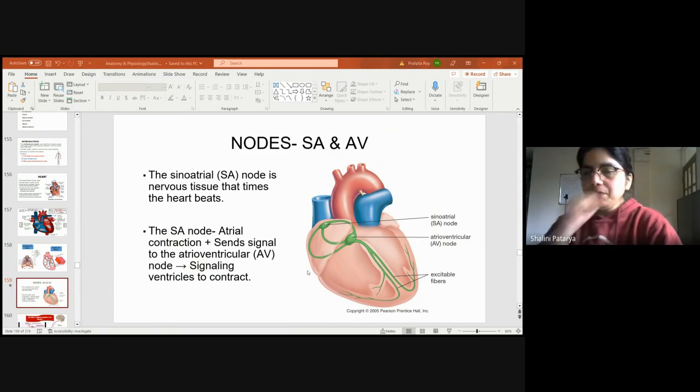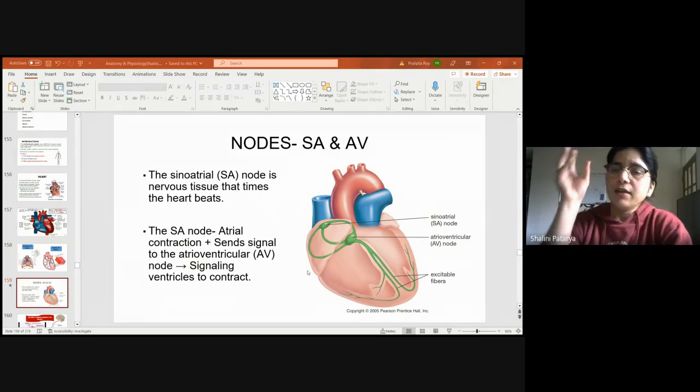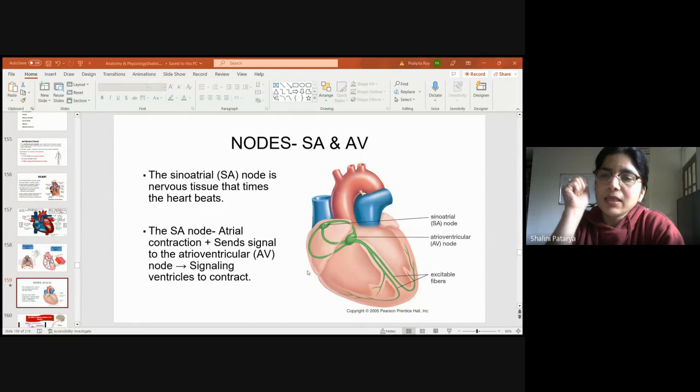Now, if you want your muscles to contract, or when to contract and when not to contract, there have to be signals and impulses, some action potential. That's why some nodes are there.